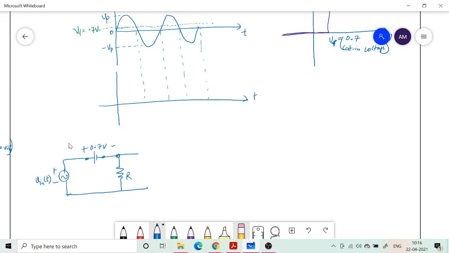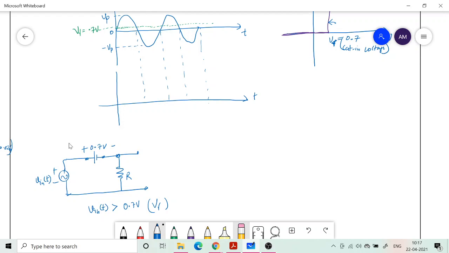So this is valid when V in of t is greater than 0.7 volt, or V gamma. So only then this equivalent circuit is valid, not when V in of t is greater than 0. So we are talking about this part, where it is going to be vertical, happening at 0.7 volt.